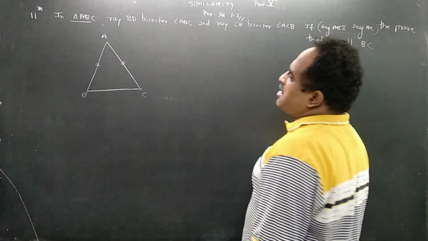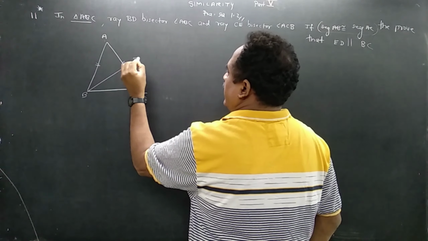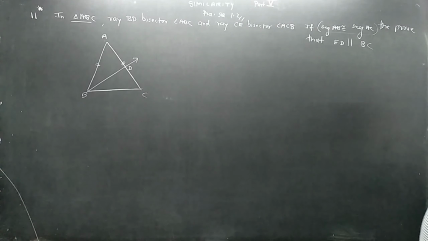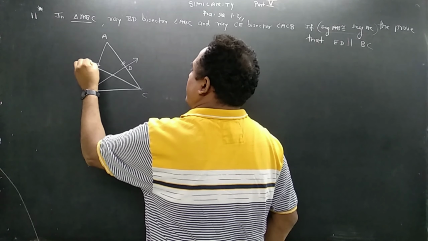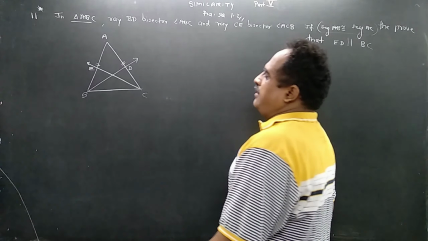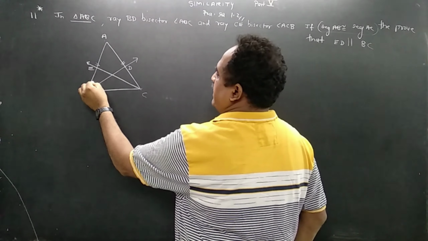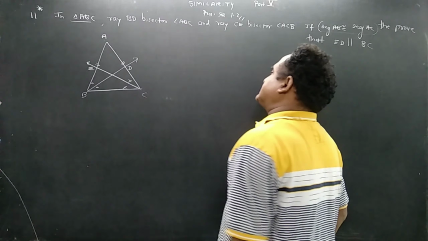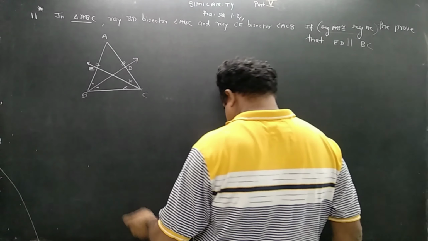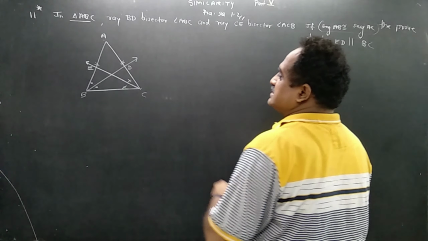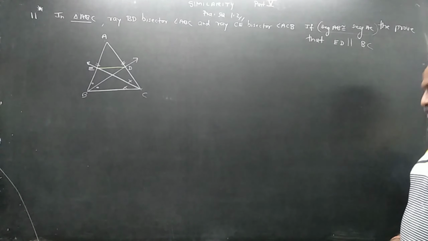Now ray BD is a bisector of angle ABC, and ray CE is a bisector of angle ACB. So this is a bisector, this is again a bisector. And what we have to prove is ED. Which is the ED? ED is this, which is parallel to BC. That we have to prove.